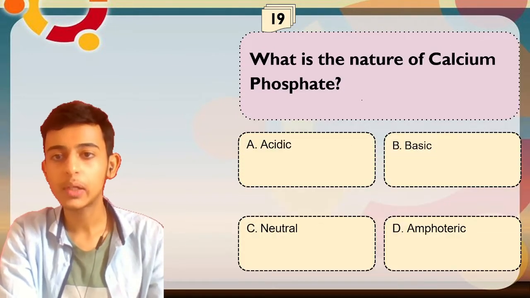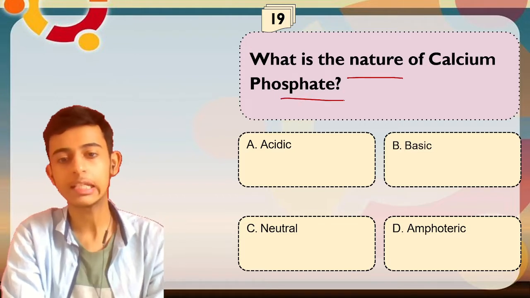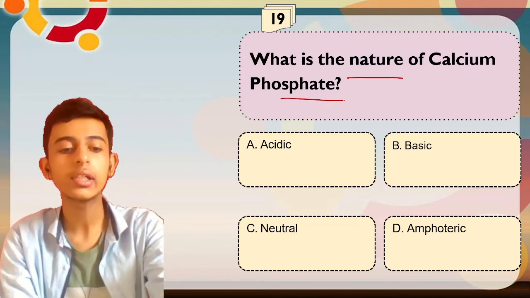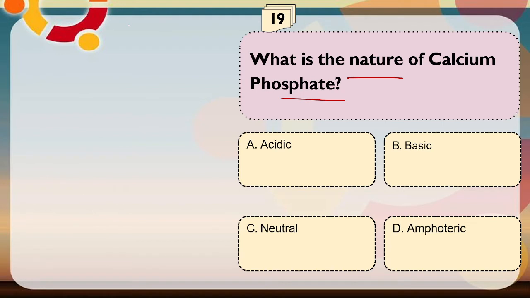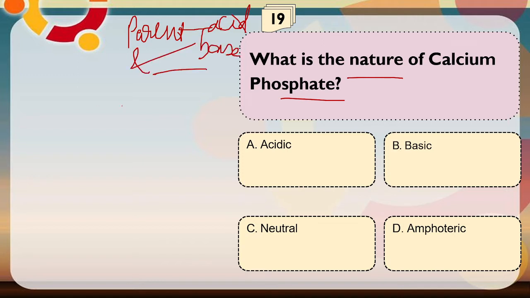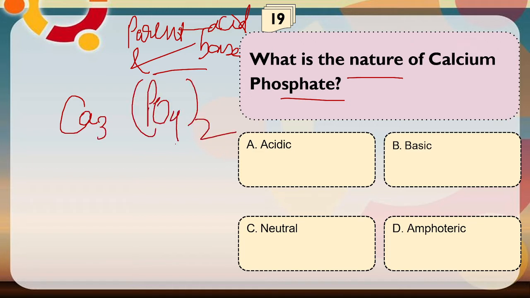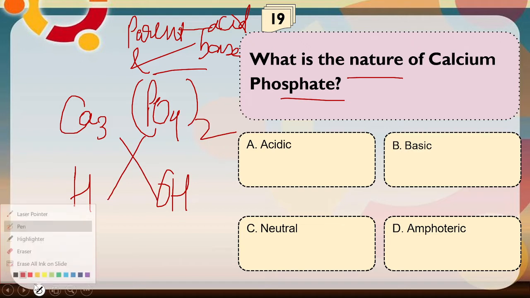Now next question, what is the nature of calcium phosphate? See, whenever they are asking the nature, guys, remember you need to find the parent acid and base. Calcium phosphate formula is Ca3(PO4)2. So write down HOH. Done. Cross multiply now. Now what will you get? Tell me.